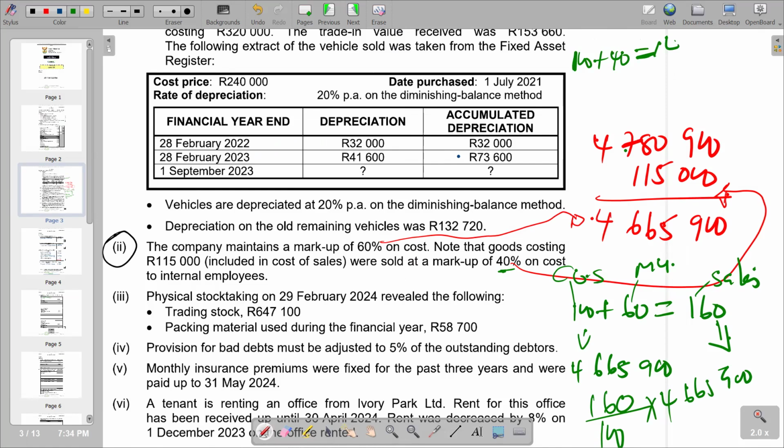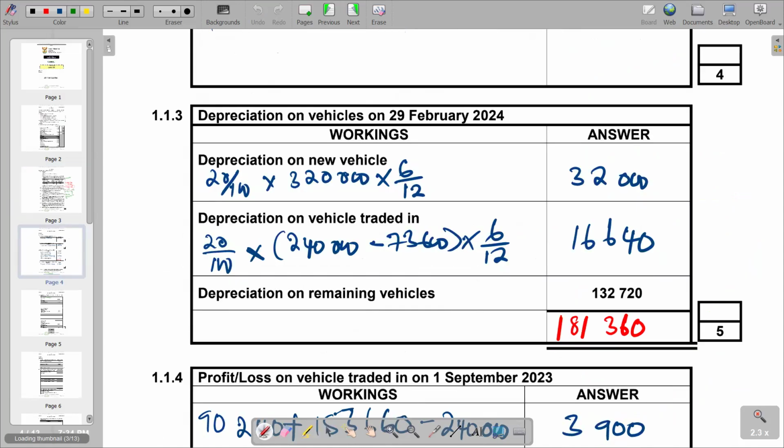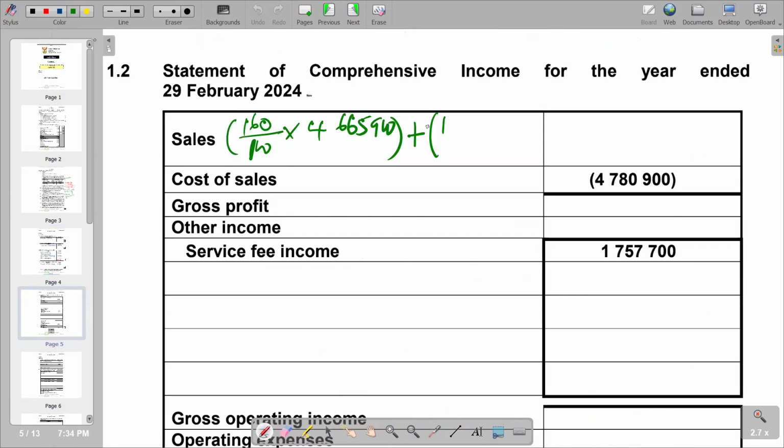So our sales that we want to find is 140. Then the 115,000 is the 100%. So we say 140 over 100, and then we multiply by 115,000. So obviously we calculate to see what we get there.